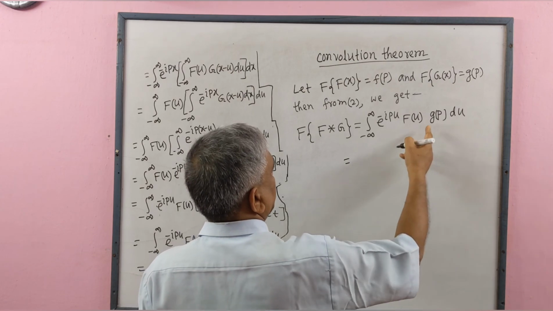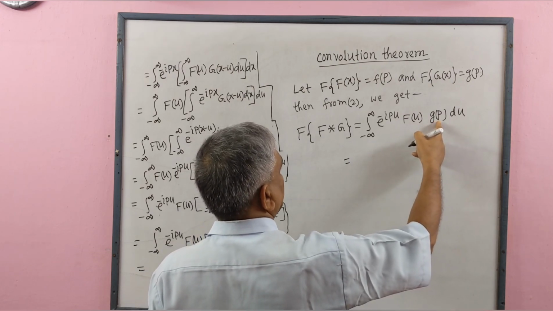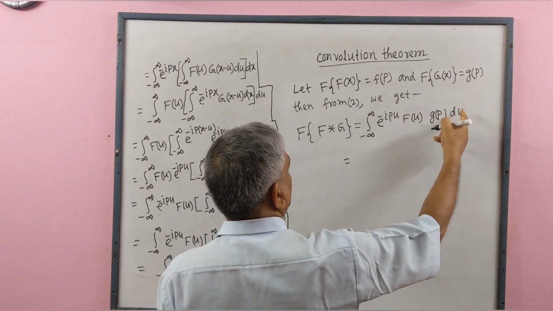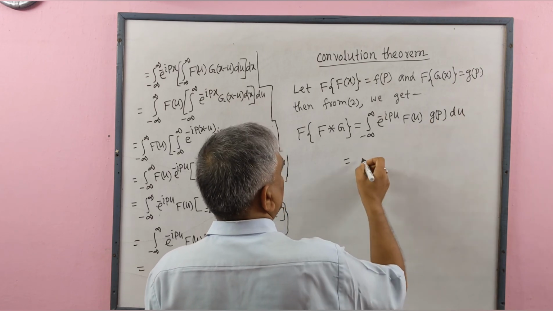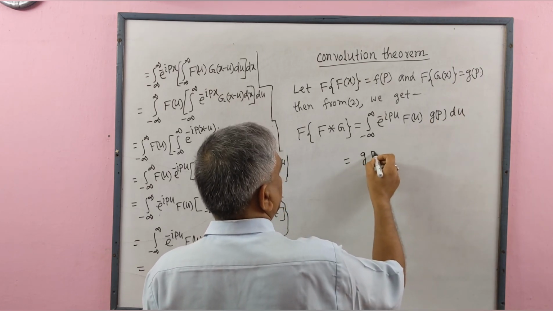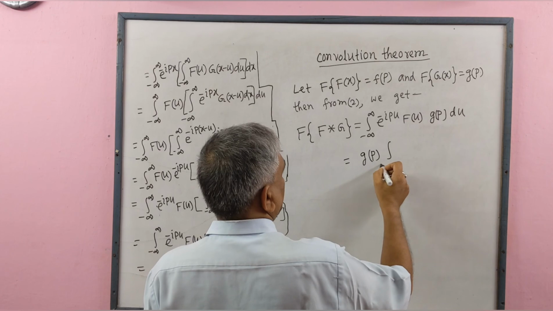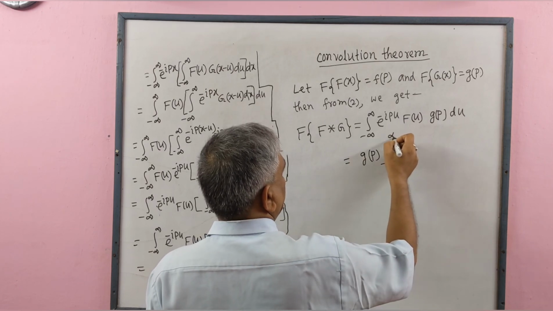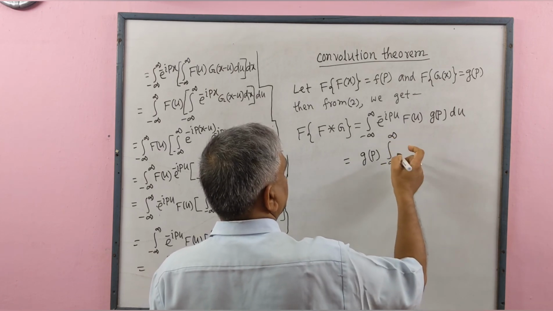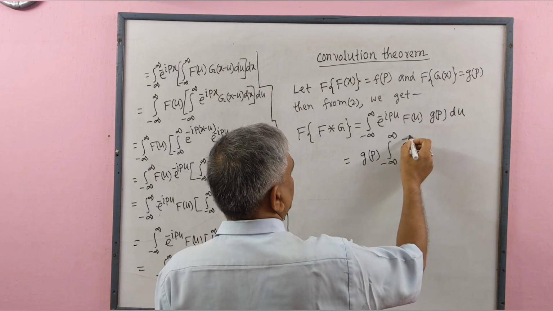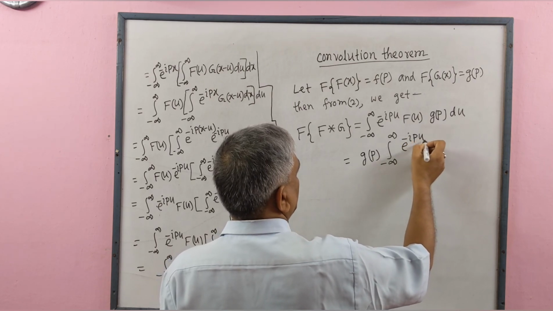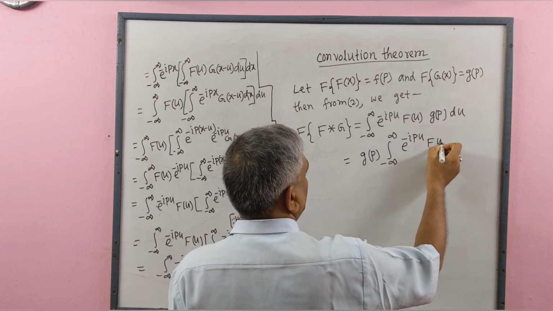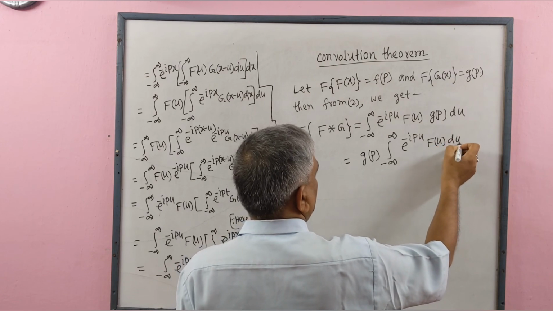This equals, this G(p) is independent from u, so we may take it outside this integration from minus infinity to infinity of e to the power minus ipu f(u) du.